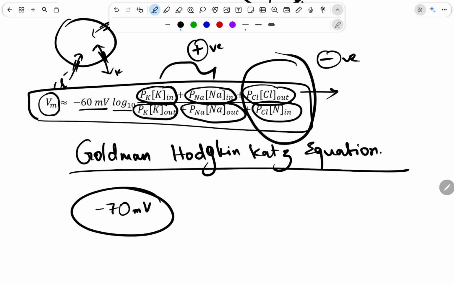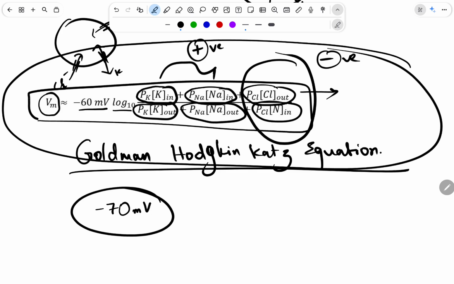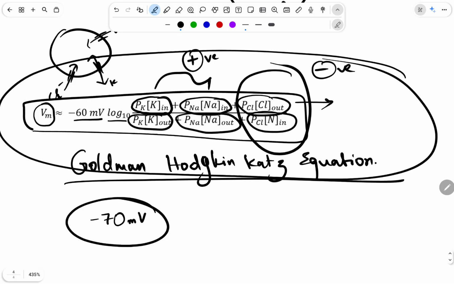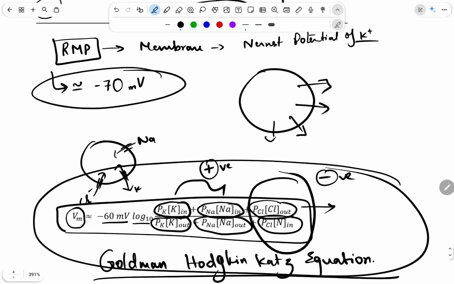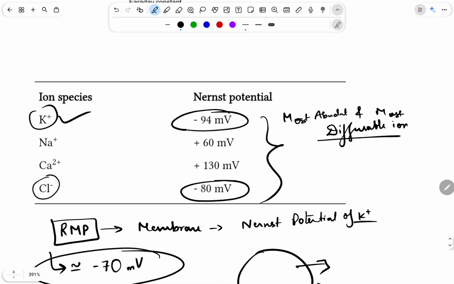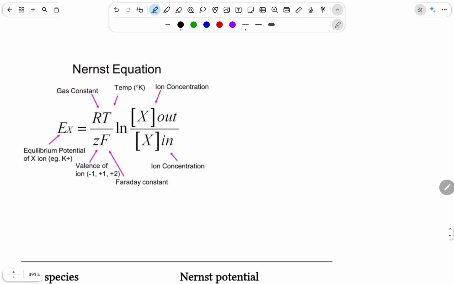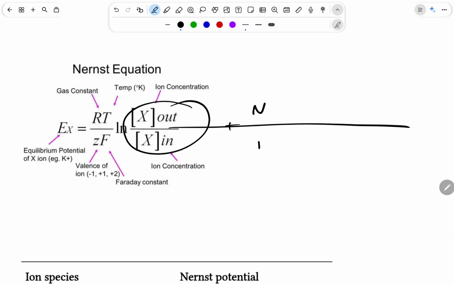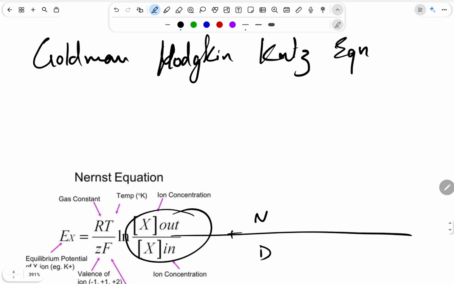This is the resting membrane potential because of all these diffusible ions. Got it? This is very, very important, and this is the most simplified form where you will understand the Nernst. Outside by inside Nernst potential, you can add multiple ions' potential, but in a sequence manner, numerator by denominator. Not multiplication of fractions, but numerator by denominator sum.